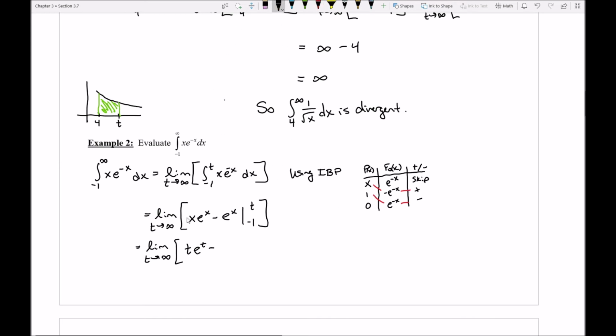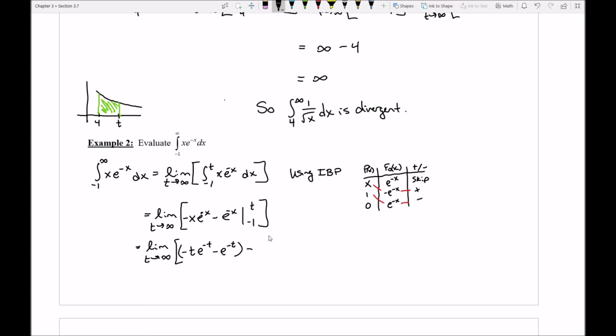I'm going to have a negative x e to the negative x, and then a minus e to the negative x. That means that when I fill in this value of t, I'm going to see negative t e to the negative t, minus e to the negative t.